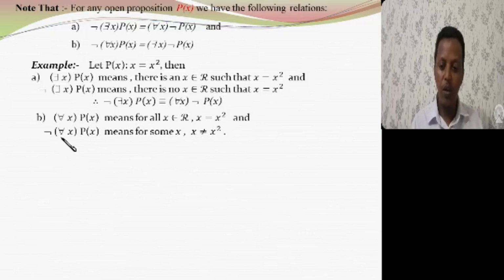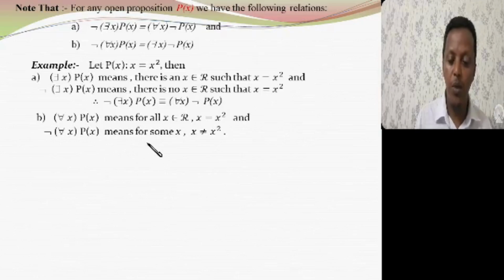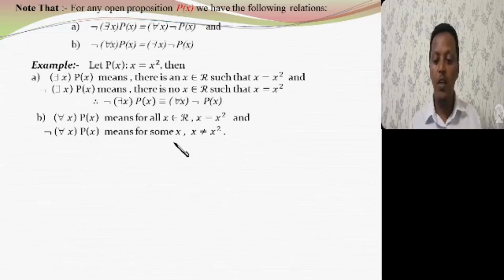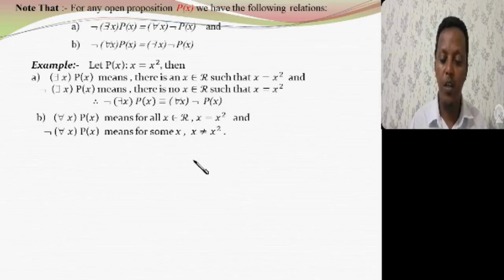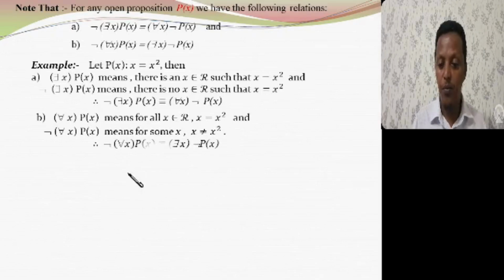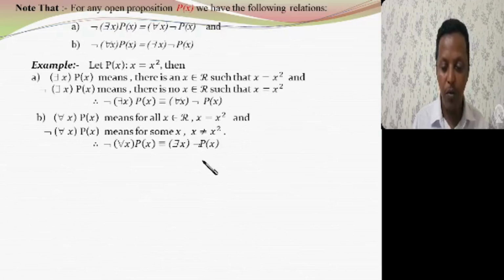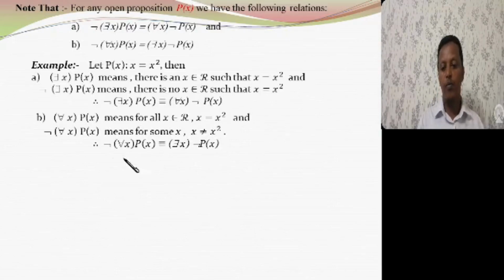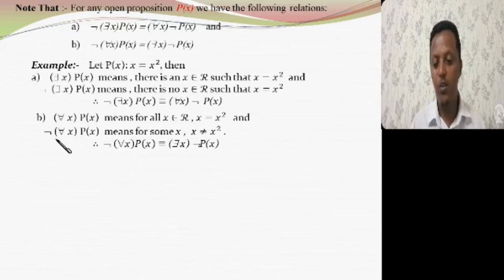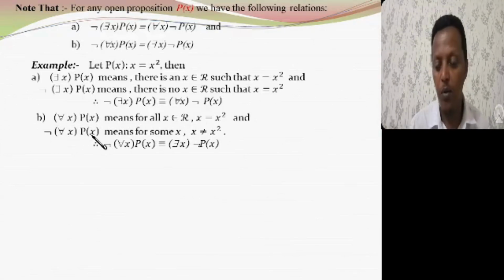In other words, it is not true that all X satisfy the property of P means there is some X where X is different from X squared. So there is some X which dissatisfies the property of P. So all X satisfy the property of P is false. The negation of all X P of X is what?